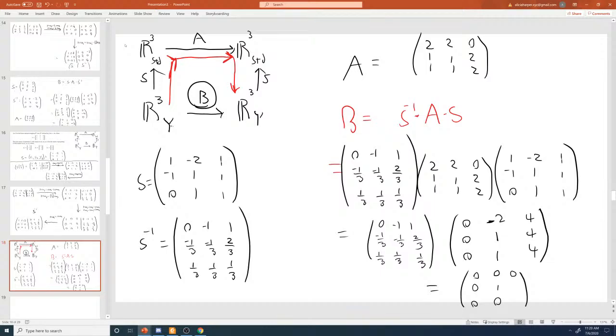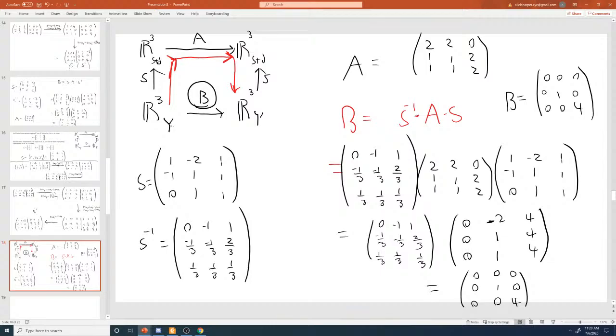If I multiply this by this, I'm going to get 0 here. And then finally, down here, I'm going to get 4. So, having done this computation, I have computed what my matrix B should be. B is just the matrix with entries 0, 0, 0, 0, 1, 0, 0, 4.